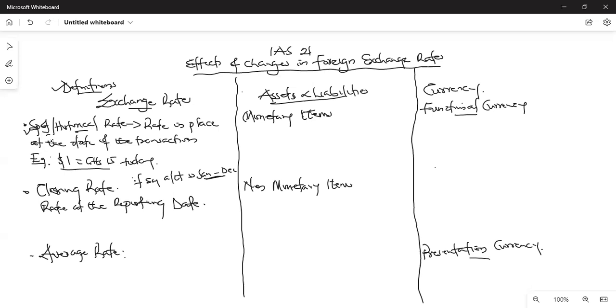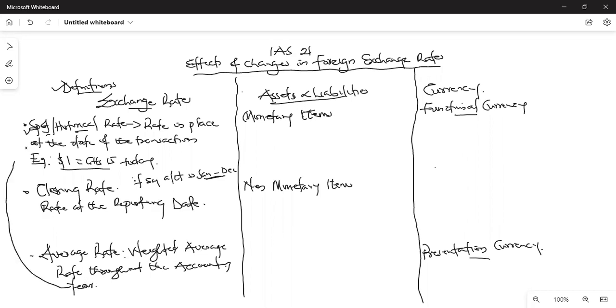So what the average is about is actually a weighted average rate throughout the accounting year. All right, so these are weighted rates for these historical or spot rates. So that is how the rates are.